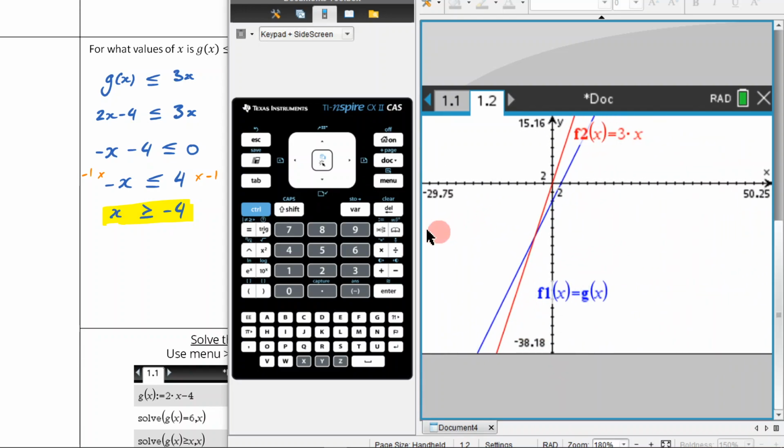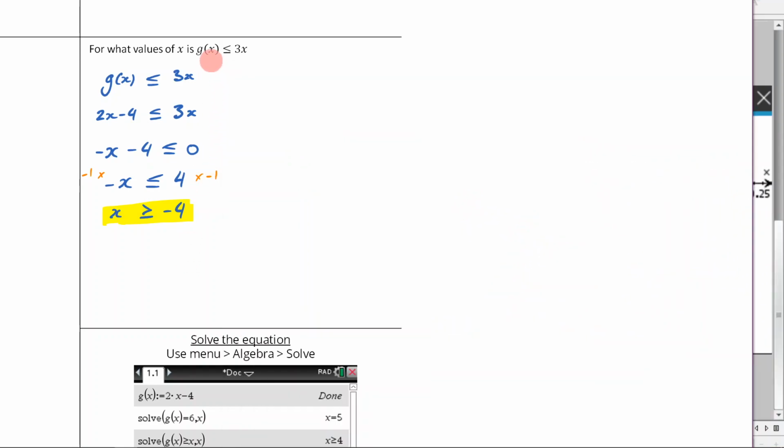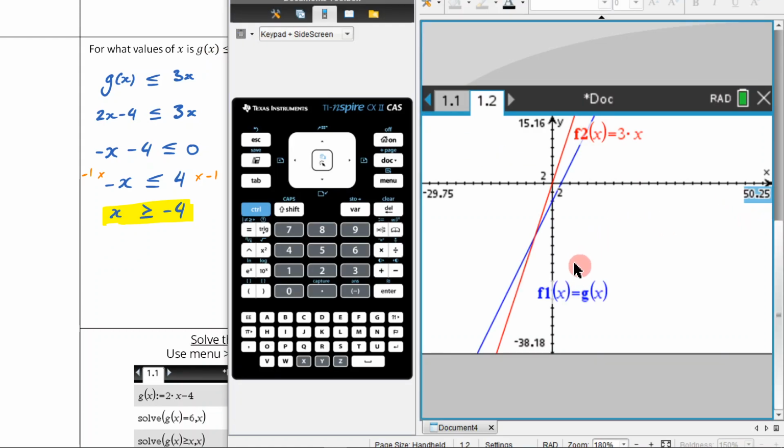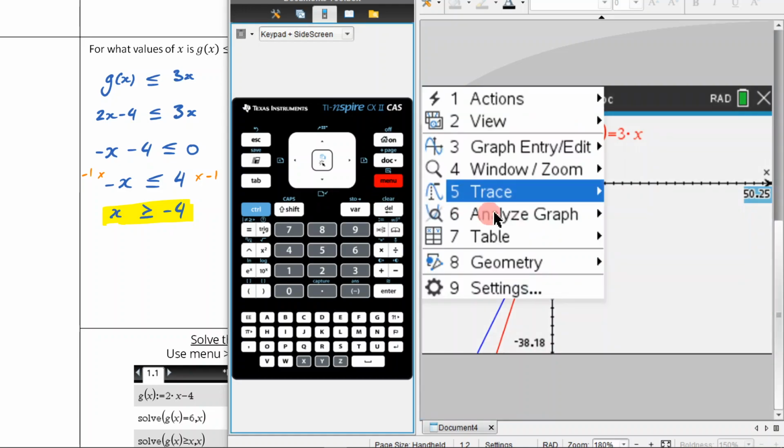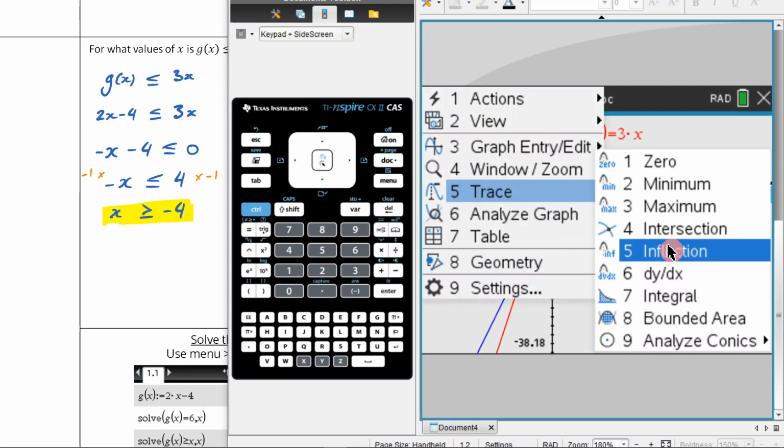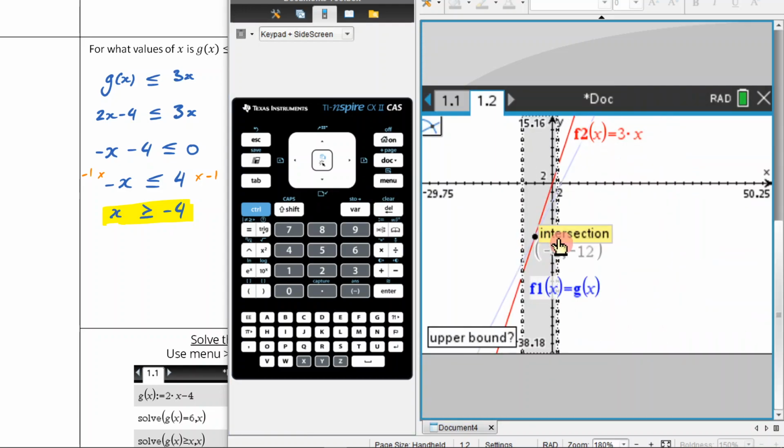Okay, so this is saying, where is g of x less than or equal to 3x? So we want it where it's less than. So my blue line is what we're after here. If I go Menu, Analyze, I want to find the intersection point from here to here.